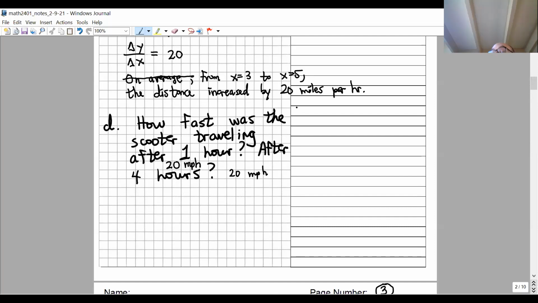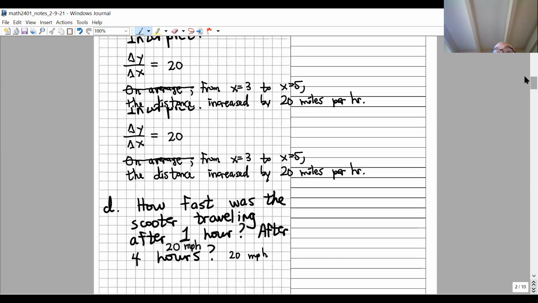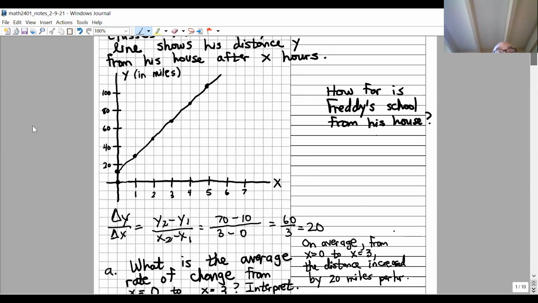Because Freddie's rate of change is steady, correct? You can see that from the graph. The fact that this graph is a straight line just means that his distance is always increasing at a steady rate. So from 0 hours to 3 hours, he went on average 20 miles per hour.